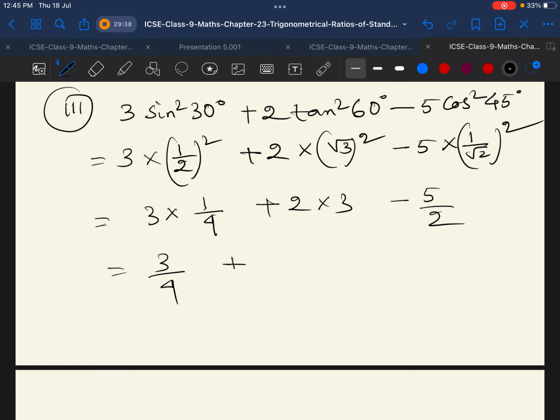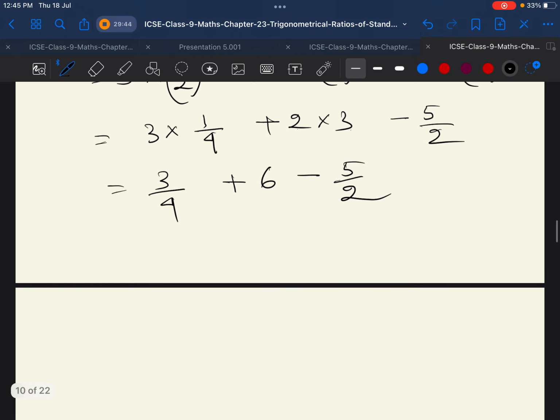So this will be 3 by 4 plus 2 threes is 6 minus 5 by 2. So here LCM is 4. 2 twos are 4, 2 ones are 2. So 4 is the LCM.